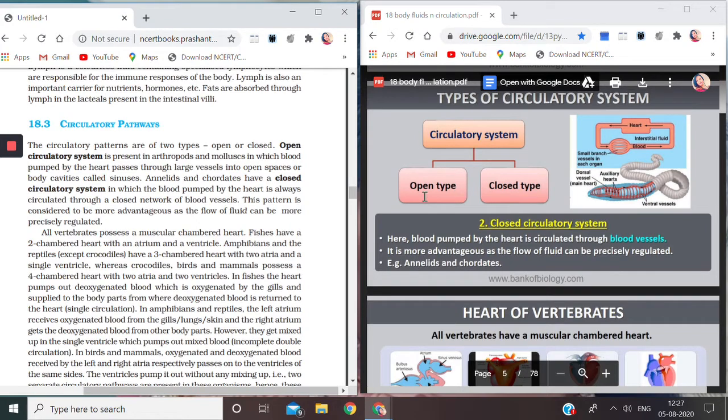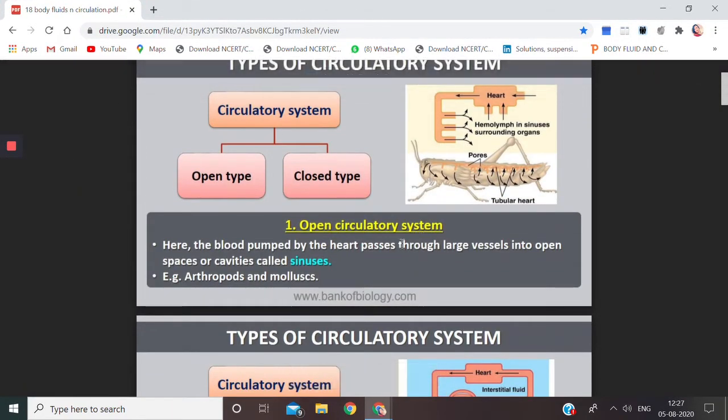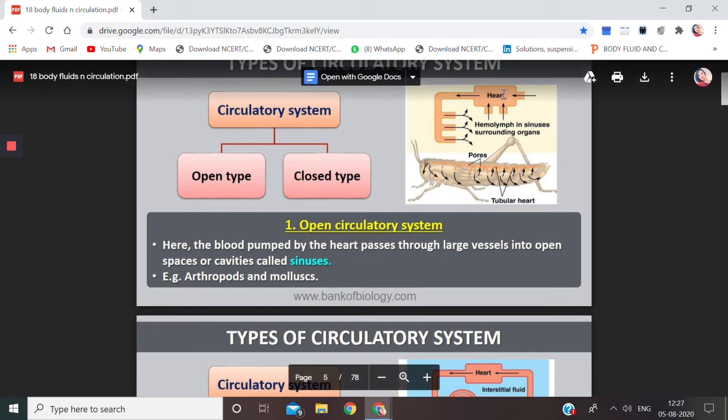So children, let me zoom this for you so that you make out the difference between open and closed circulatory system. See, this is the heart. These are the main blood vessels. Here also the blood is coming into this, and this is the main vessel.